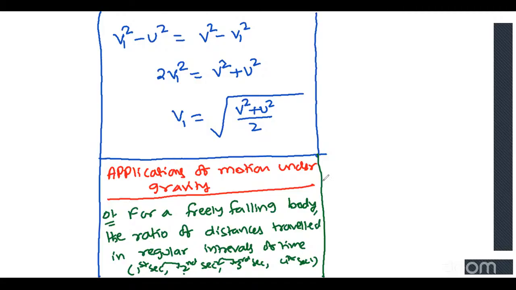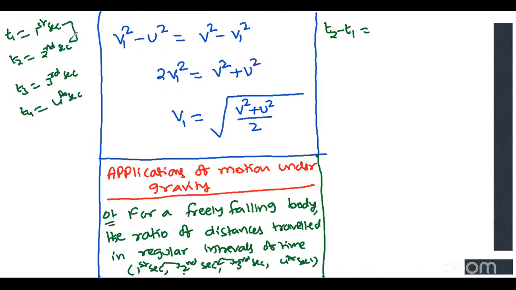So let us consider the time interval T2 minus T1. First second as T1, T2 equal to second, T3 equal to third second, T4 equal to fourth second.